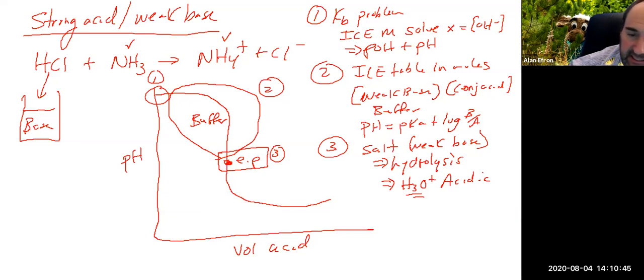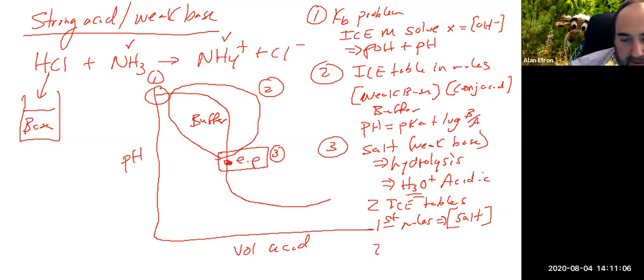In addition, just like the last one, the equivalence point does require two ice tables. The first one, again, in moles, and then converted back to molarity. Just like the last one, the purpose of that first table is to figure out what the concentration of the salt is. Then the second ice table is your hydrolysis one.